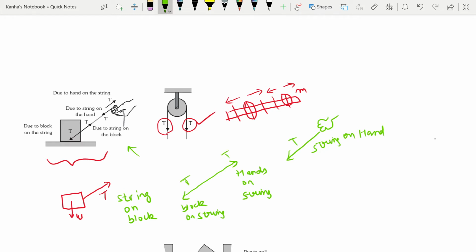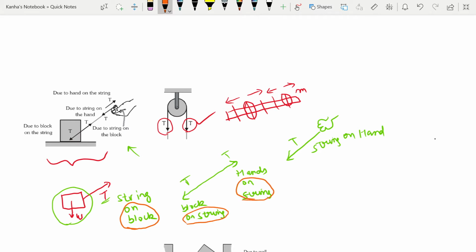So what you see is, in these diagrams that I made, I've only mentioned the forces that are acting on the system in question. For example, here the system in question was the block, so I said this tension is the application of string on the block. Look at the term on the block, on the string, in every force that I mentioned.